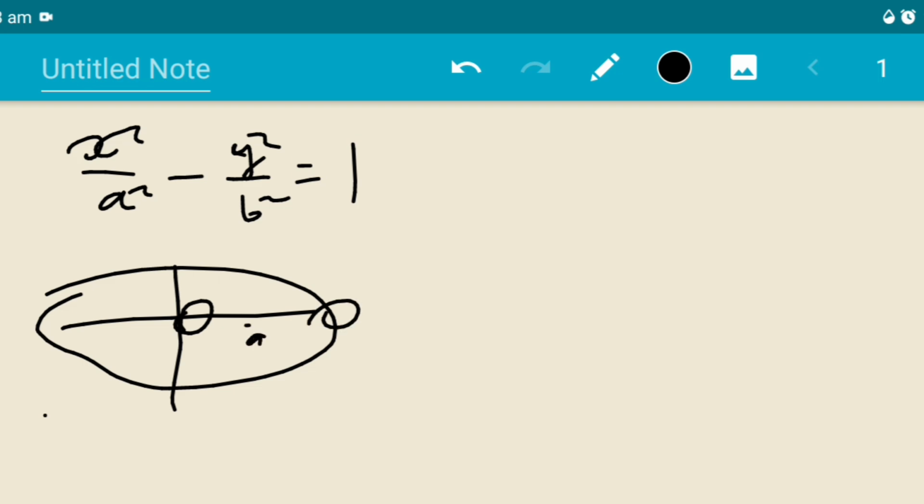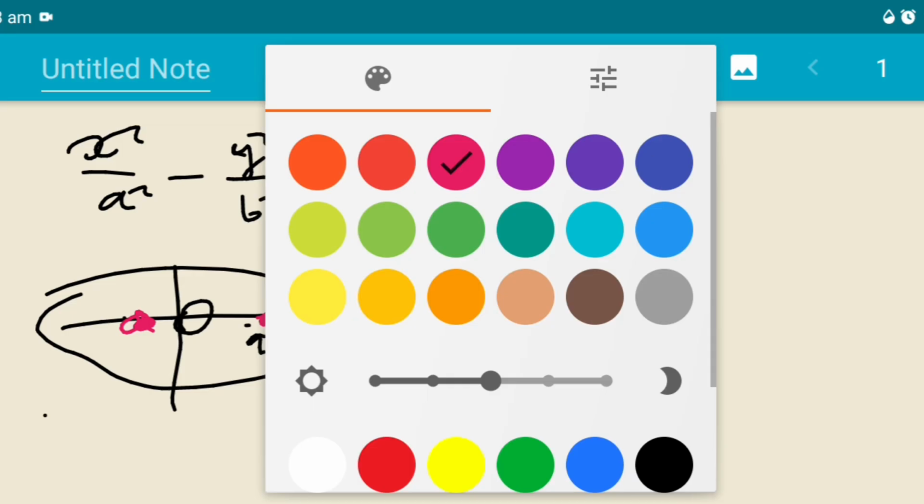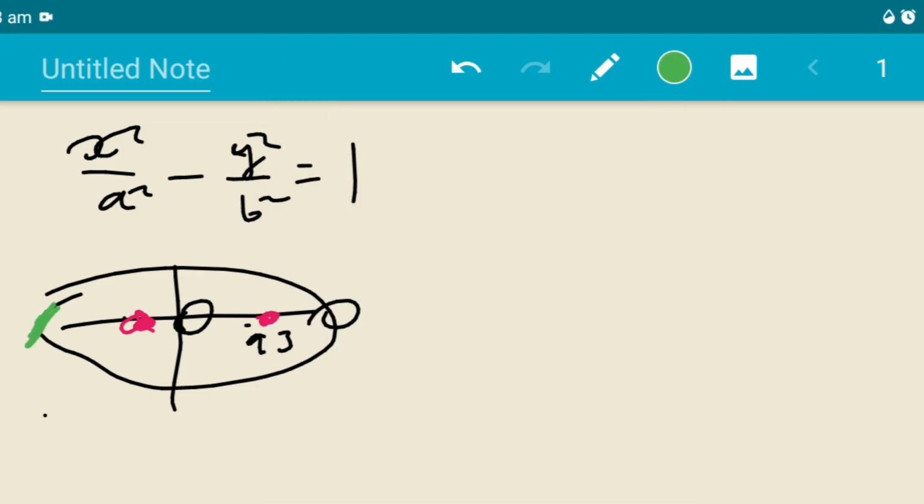Then we're told that the perihelion distance is 91.5. So if the focus is here, the perihelion distance, which is the shortest distance from here all the way up to there, is 91.5. So we need to find the equation.